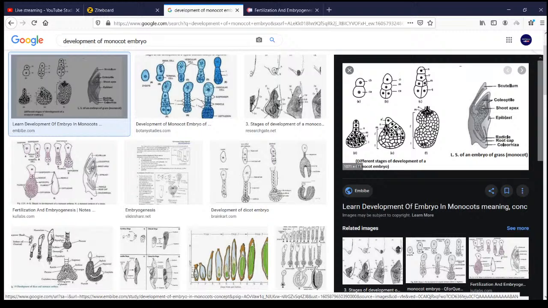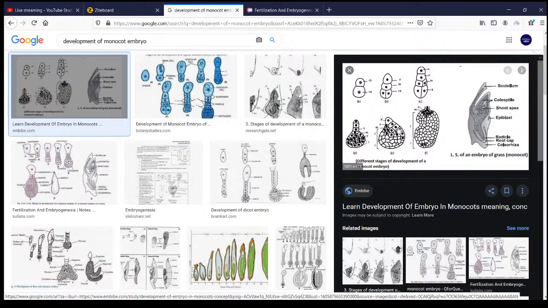That is the method by which the monocot embryo forms. The only difference is that the vesicular cell gets formed directly from the suspensor cell. This is one of the differences between the monocot embryo and the dicot embryo.